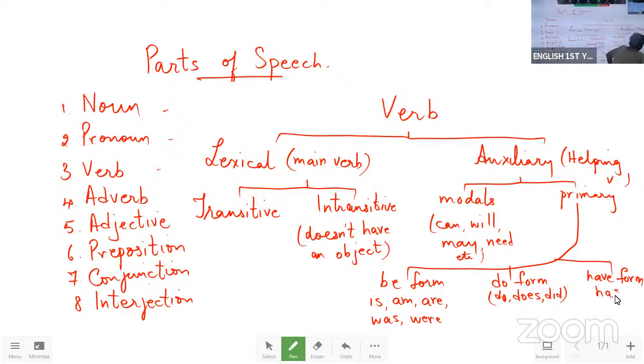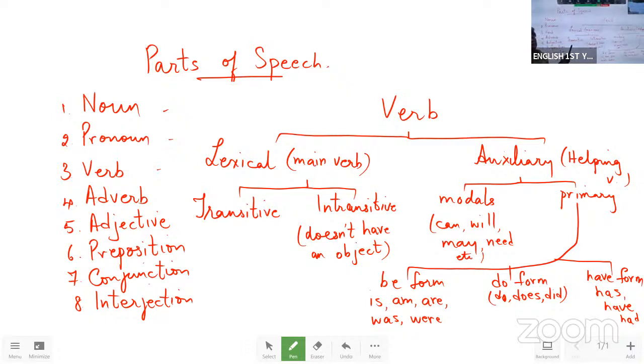Has, hasn't, have, haven't, and had, hadn't. These are all verbs. So next time when someone asks you what is a verb, don't just say it's an action word. There are many things, auxiliary verbs, which many students are still unaware of.